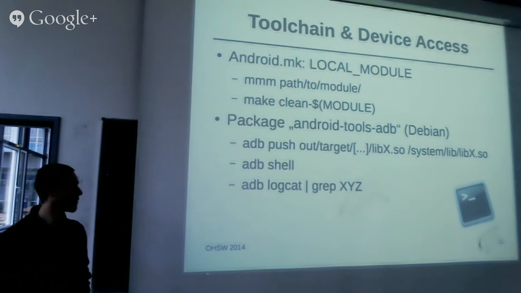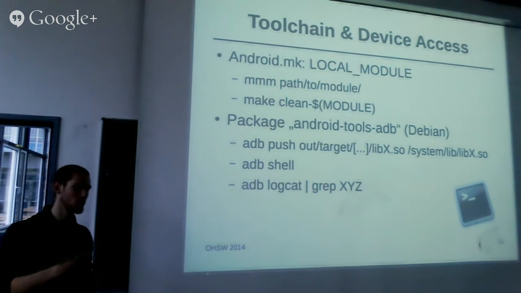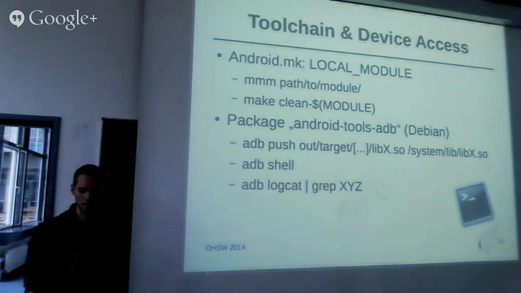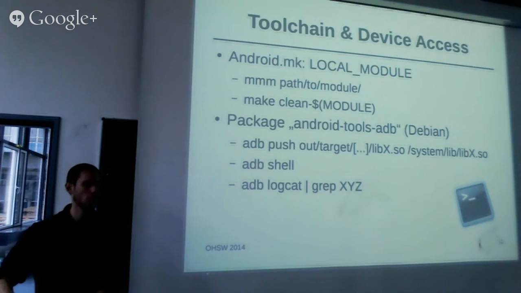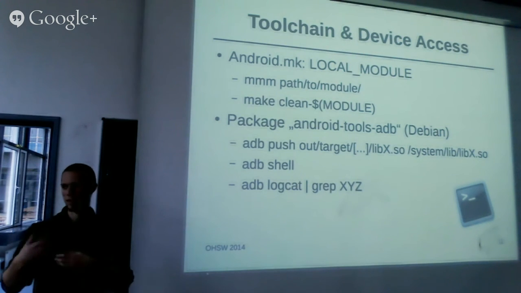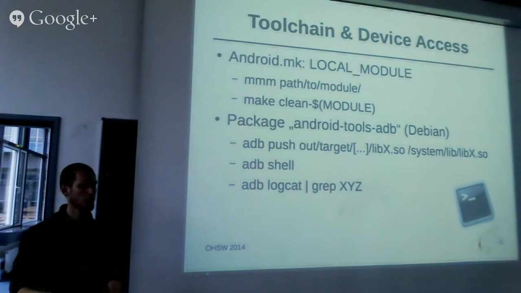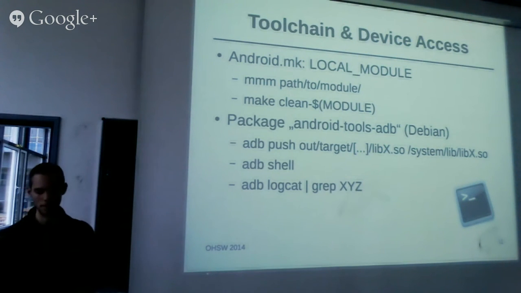And then the toolchain will compile everything, like all the dependencies and everything which is needed, and put the binaries into the out folder. And maybe if something went wrong, you want to make clean to remove all the stuff again and start over. Then you can fix your bug, compile again with mmm, and then maybe it's working.